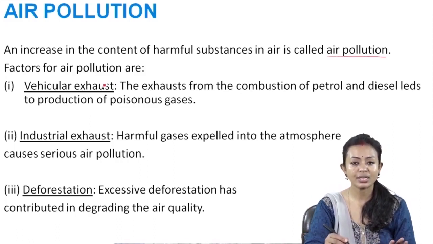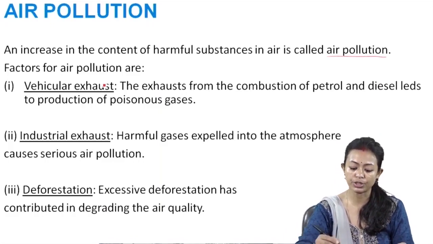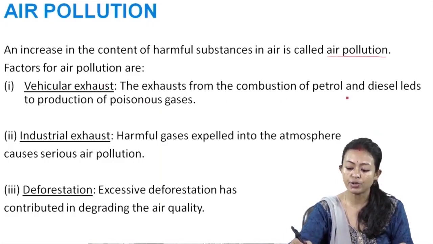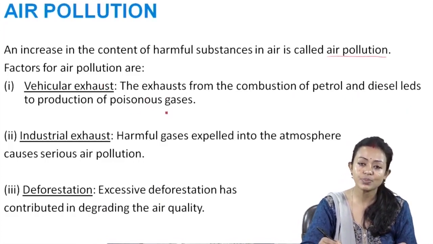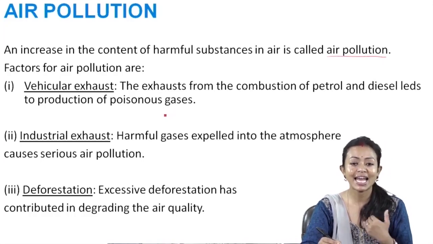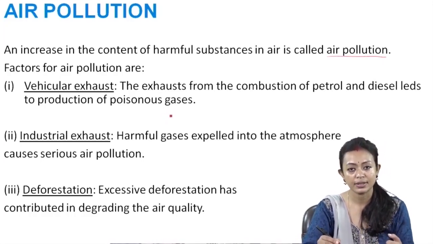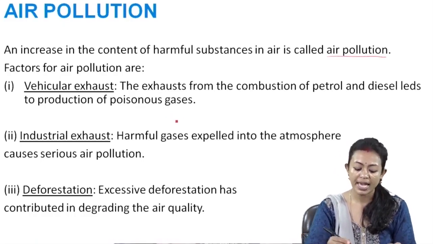These byproducts are expelled into the atmosphere, which results in air pollution. The exhaust from the combustion of petrol and diesel produces poisonous gases, and if inhaled for a longer duration, they have an adverse effect on health. It leads to respiratory tract disorders, lung cancers, asthma, and so on.